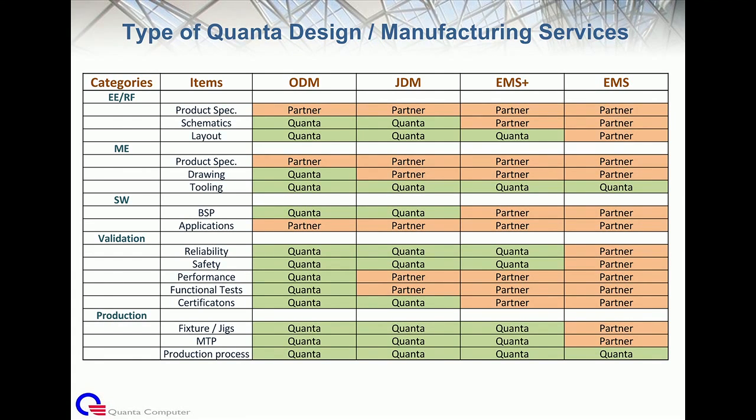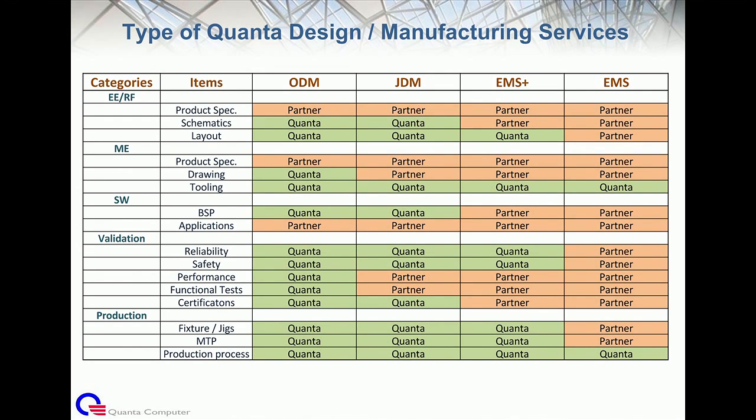Okay, so you can see that there are two extremes, on the rightmost side and the leftmost side. One extreme is EMS, which means that we only do the tooling and the manufacturing process. For all the other steps, we expect our customer to do them.